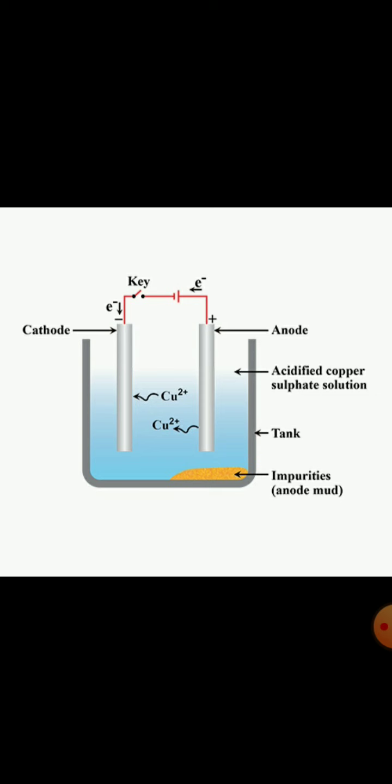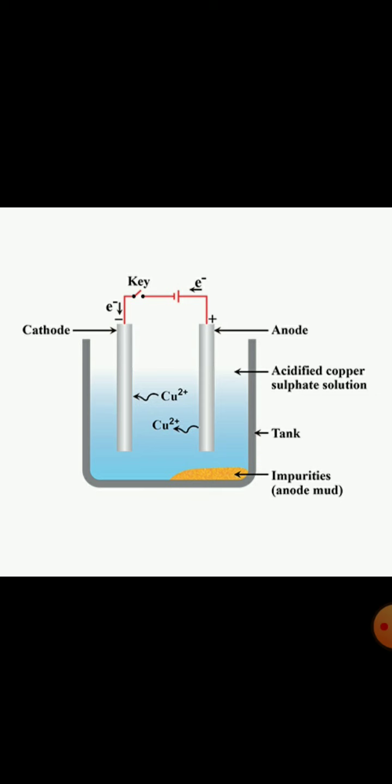In the figure also it is clearly shown. Okay, so what will happen? In short, we have to remember that on passing the electric current, the pure copper will be deposited at the cathode.